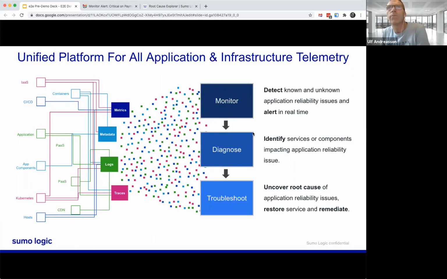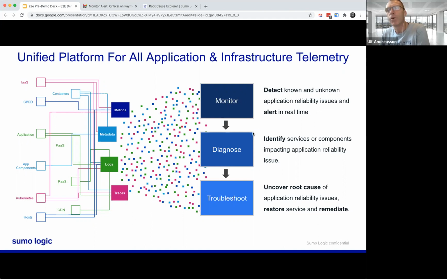As you may know from before, or if not, Sumo is a unified platform for handling all the application and infrastructure telemetry. Any data source that's effectively human readable can be sent into Sumo, and we handle the whole plumbing: the platform, the scalability, and the reliability are already handled by us.